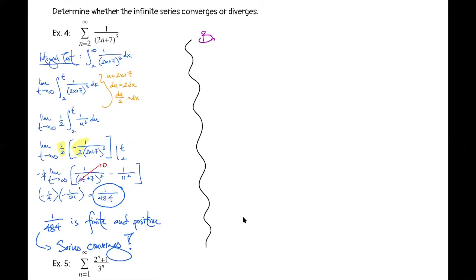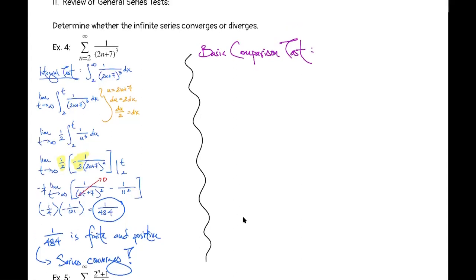So let's try the basic comparison test. Now, we do need to come up with a b sub n when we're looking at the basic comparison test, okay? So we want to think about what can we compare this to. So take a moment, think about what we might want to compare it to. And then when you're ready, you can share out some ideas.